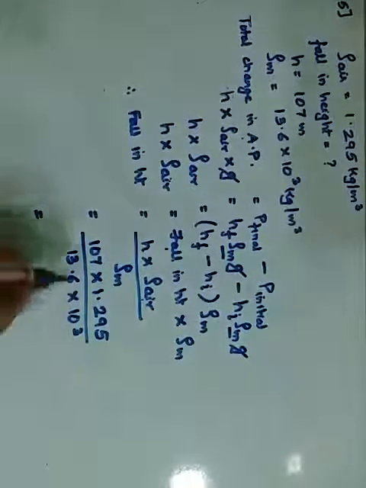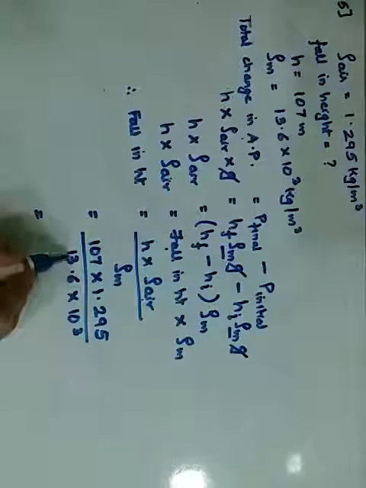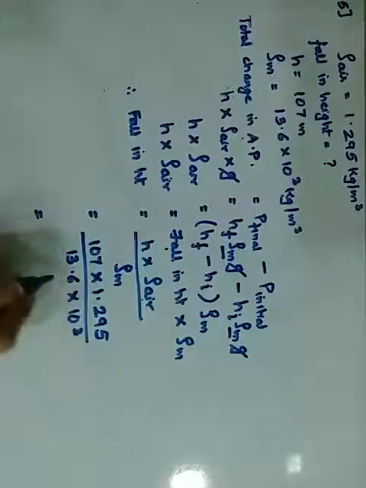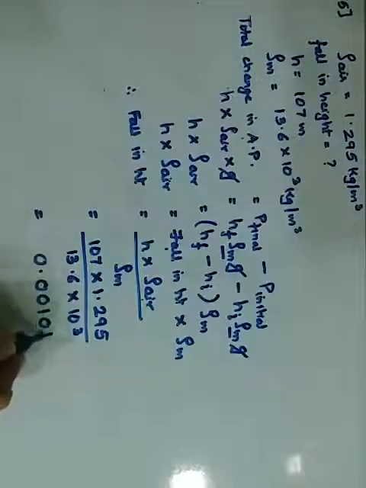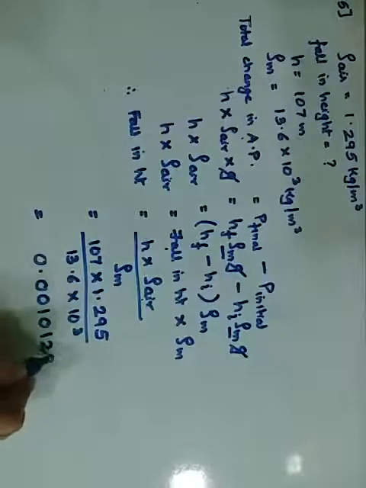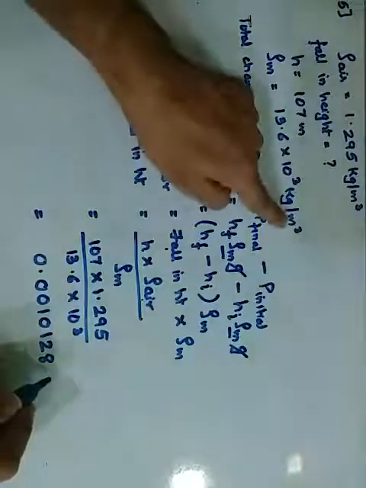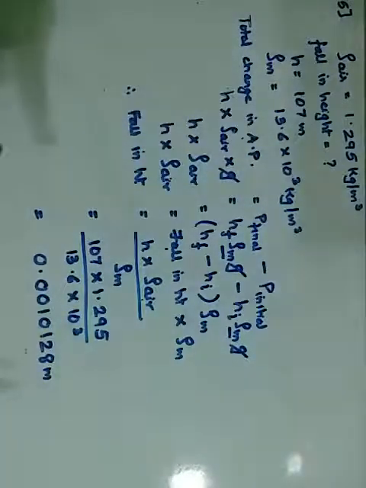So first multiply this and then divide by 136. When you shift the point, it is going to be something around 0.00108 something, an answer in meters, but we want the answer in millimeters.